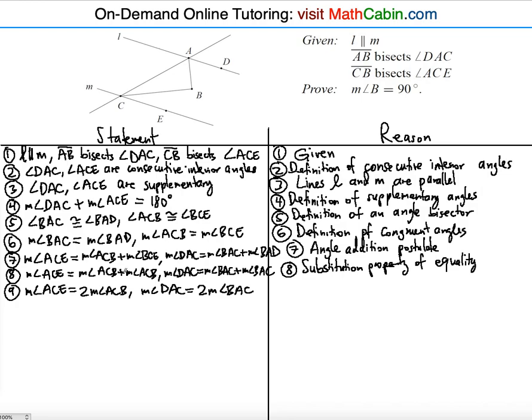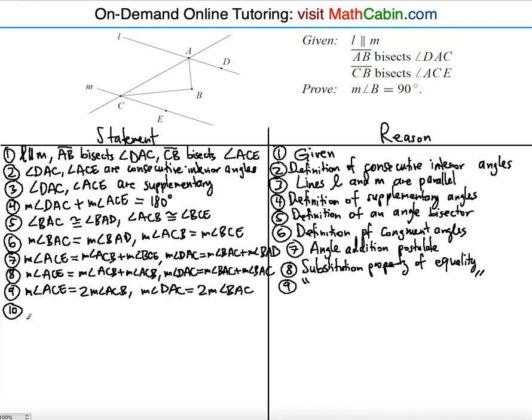Because when you add these two, they're the same measures, you get twice each measure. When you add these two BACs, they're the same measure, you get twice each measure, right? This is simple algebra. Okay, and again, this is substitution, right? You're substituting this expression for a simpler one-term expression in each case, in each equation, right? So this is the substitution property, and I'm going to use quotation marks because it's the same reason as line 8. Substitution property of equality.